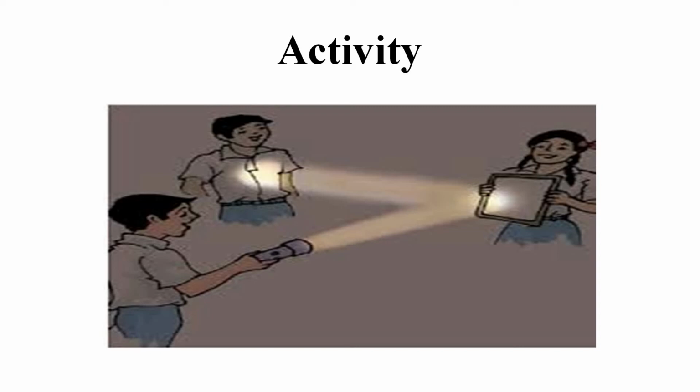Now we adjust the direction of the torch so that the patch of light falls on another friend standing in the room. This activity suggests that a mirror changes the direction of light that falls on it. Hence, we can say that light traveling along a straight line gets reflected from a mirror.